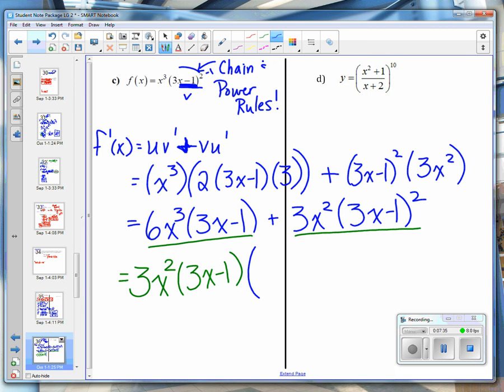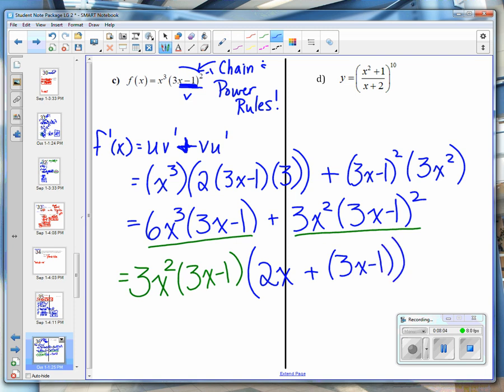Then what we're going to be left with is 6 divided by 3 is 2, x cubed divided by x squared is x, and 3x minus 1 divided by 3x minus 1 is going to cancel. Plus 3 divided by 3 is gone. x squared divided by x squared is gone. 3x minus 1 squared divided by 3x minus 1 is just going to be the leftover 3x minus 1.